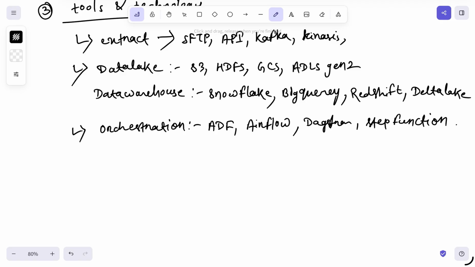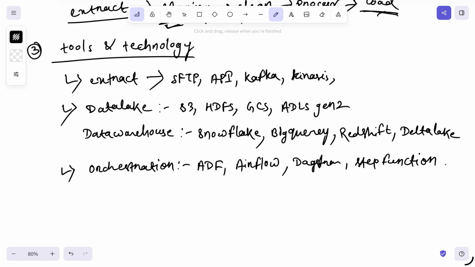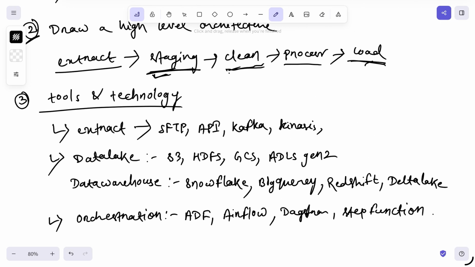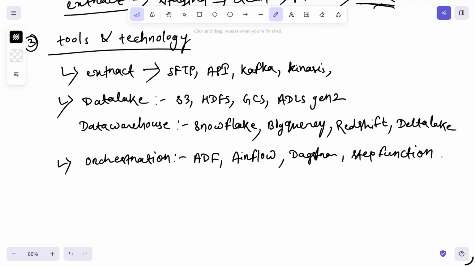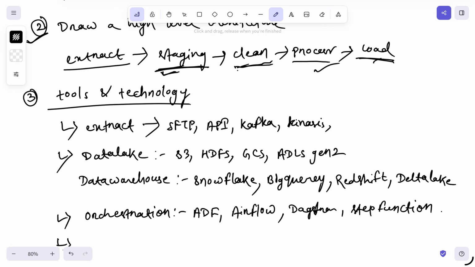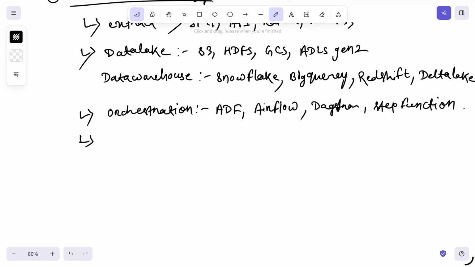Once the job is scheduled and managed, we have to process the data too, right? To apply the business logic also. To process the data, what can we use?